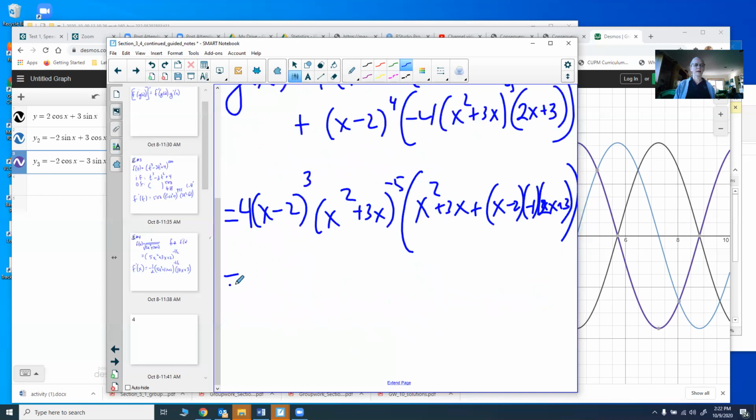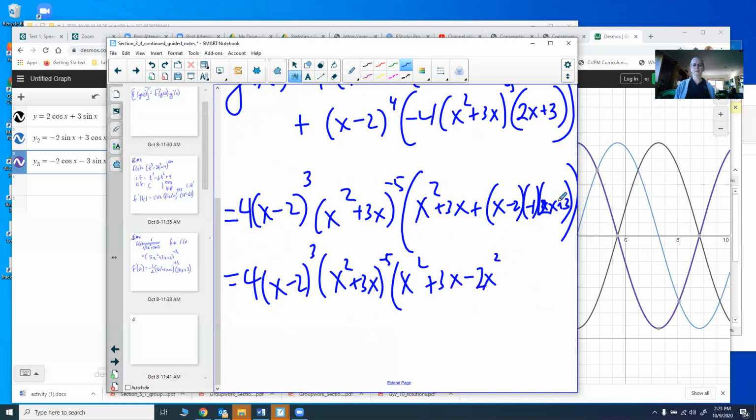And then I can go ahead and multiply most of the stuff out. This stuff I'm not going to multiply out. I'm going to leave it exactly where it was. This is going to give me x squared plus 3x. This is going to give me a minus 2x squared, a minus 3x, a minus minus to the plus 4x, and a plus 6.